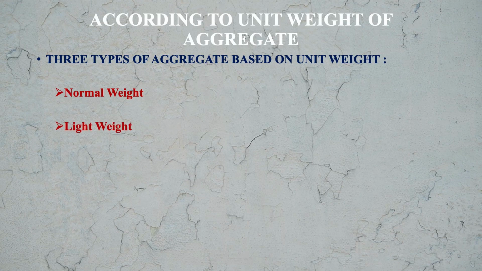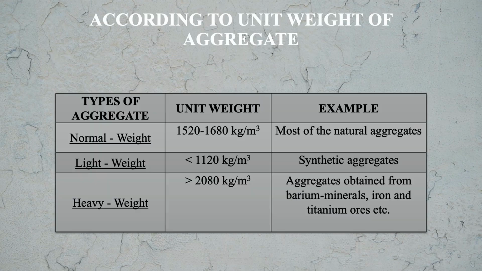As per the unit weight of aggregate, three types of aggregates are there: normal weight, light weight and heavy weight. You see here that for different type of aggregate, the unit weight is given here.